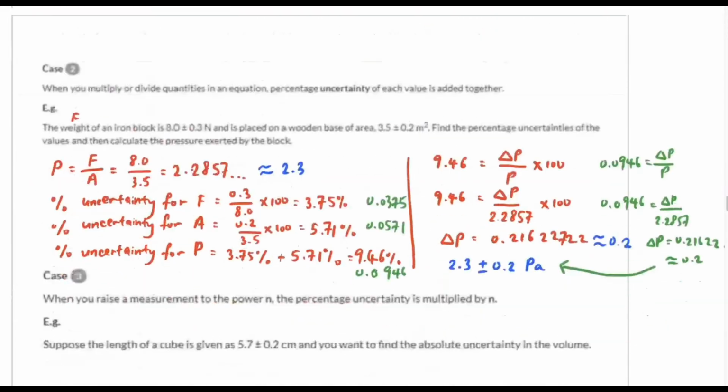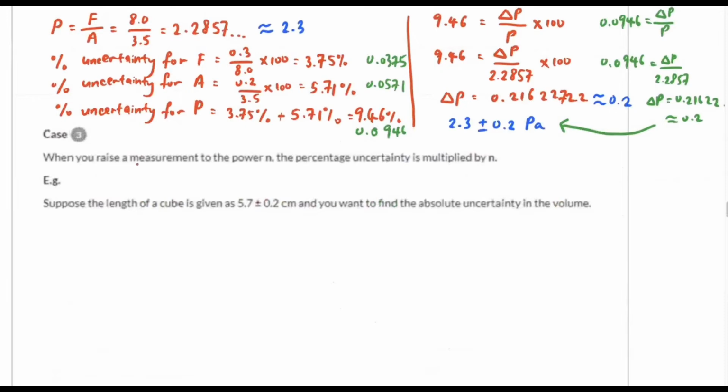Okay, case 3. When you raise a measurement to the power n, the percentage uncertainty is multiplied by n. So same as the note just now. Suppose the length of a cube is given as 5.7 plus minus 0.2 cm, and you want to find the absolute uncertainty in the volume.